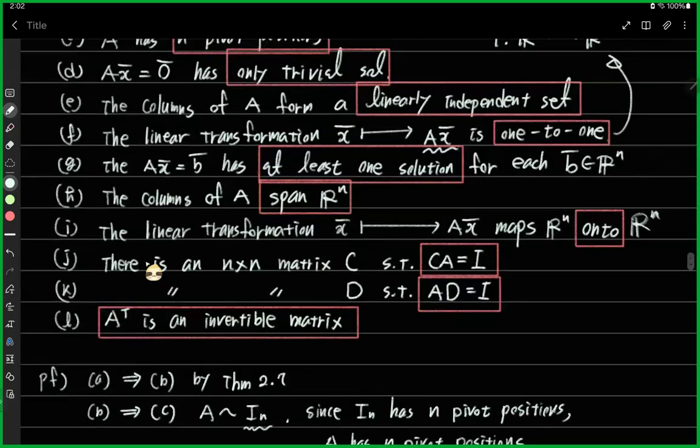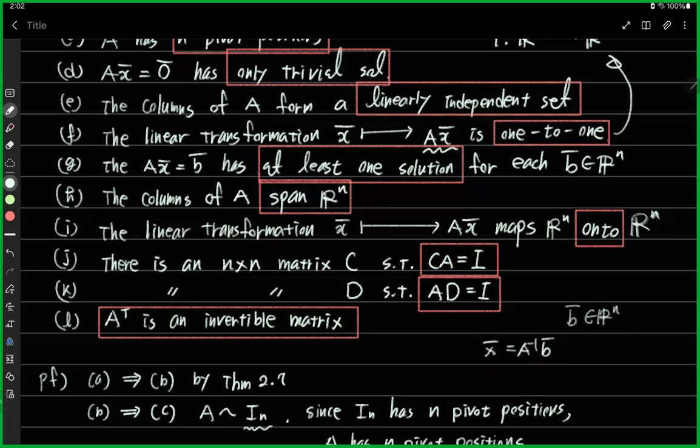I is this: the linear transformation maps Rn onto Rn. J: there is an n by n matrix C such that CA equals I. Actually this is true. Why? C is A inverse, right? Since A is invertible, for each B bar in Rn, the X bar is A inverse times B bar, right?